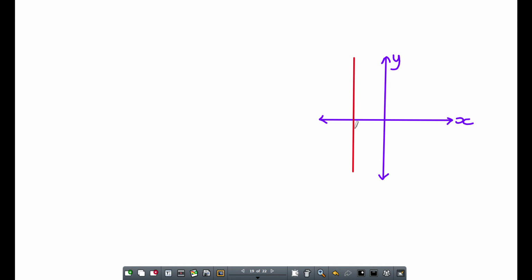As ek hierdie kry, hy sny daar by -3, dan gaan hierdie vergelyking wees x is gelyk aan -3. Because now it only cuts through the x-axis. So dit is hoekom my x is gelyk aan -3 is.